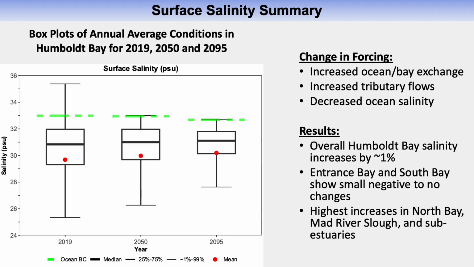As you get down by the entrance, those tend to be South Bay, they tend to almost be 0% change. We see about a 3% change in North Bay, and the highest changes we would be expected to see are in these sub-estuary areas. And this is really just an indication that as sea level comes up and more water comes into the bay, saltwater intrusion is just going to move more into the bay and increase salinity levels.